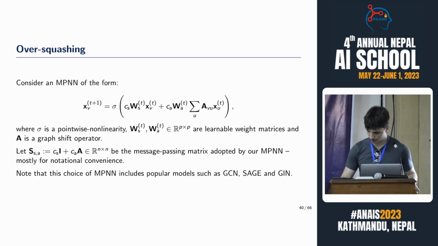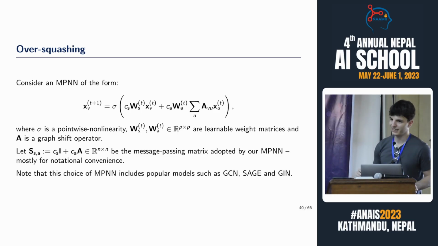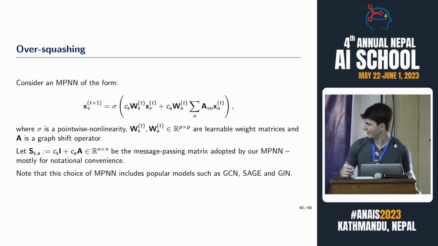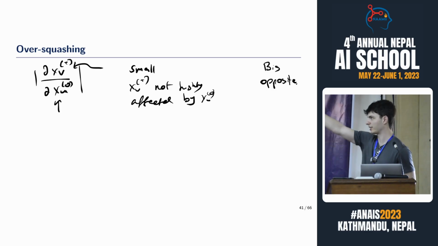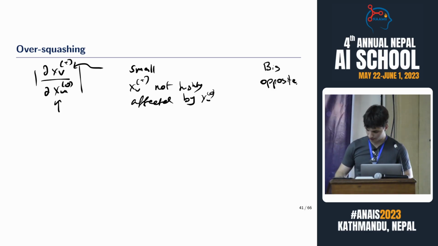And then let's look at this matrix here, right? Again, this is notational convenience because these bounds get a bit messy. Just a remark, a lot of famous message passing neural networks fall under this.